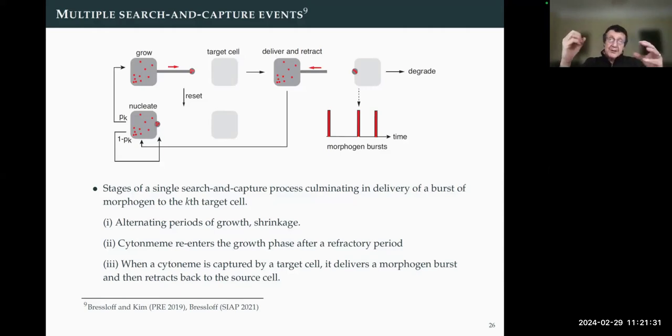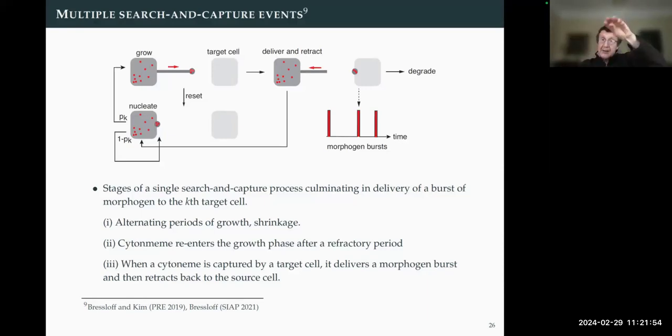You've got balance between the arrival of customers in a queue and then the servicing of these customers, which is an analog of utilization of resources. And this can reach a steady state, which then determines the distribution of resources across a set of target cells.